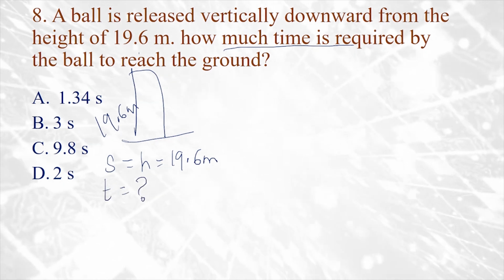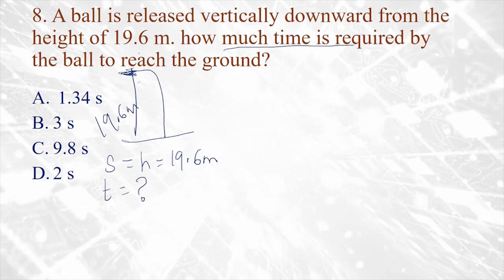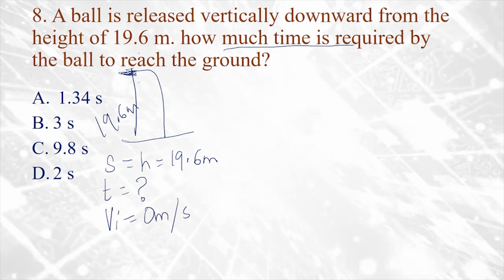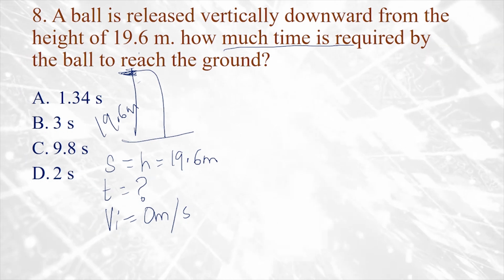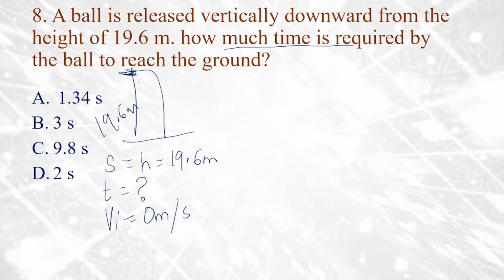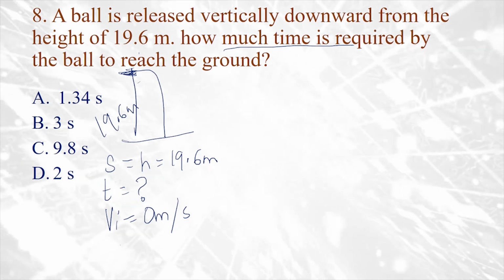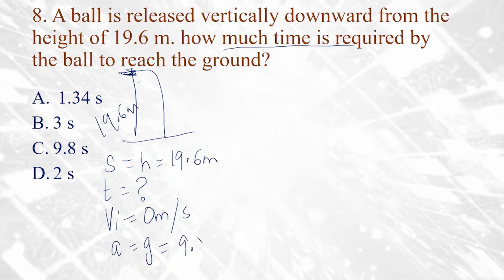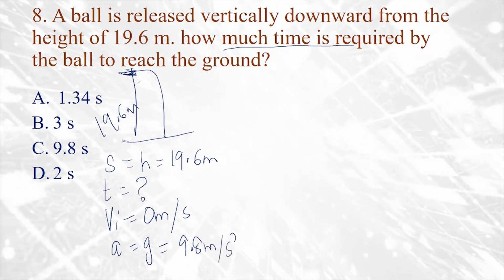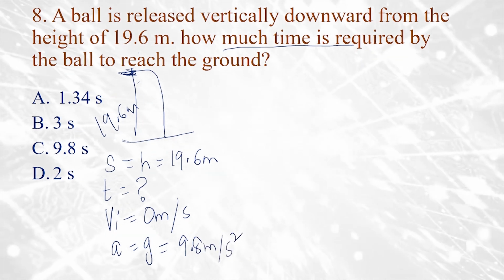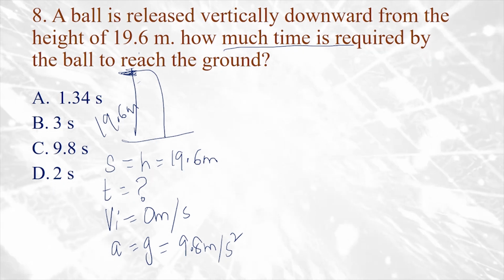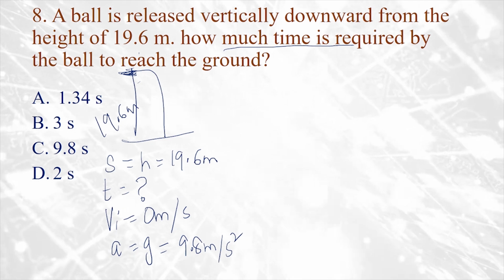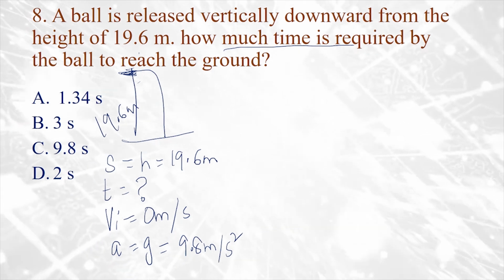And when the ball is dropped from the height, the initial velocity is 0 meter per second at a particular moment. Because it's a case of free fall, you can take acceleration as acceleration due to gravity, which is 9.8 meter per second square. In order to find the time, you can use the second equation of motion, because the second equation of motion contains all the parameters that are given in the data.